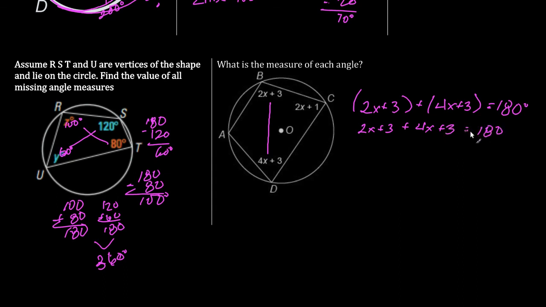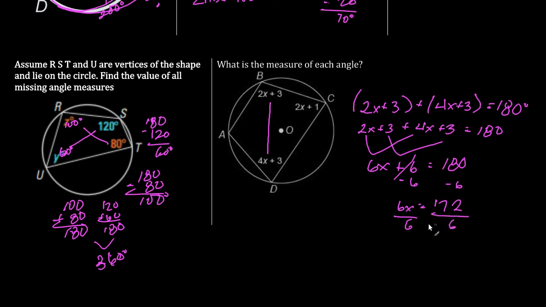So let's combine like terms. 2x plus 4x is 6x, plus 3 plus 6. So we get equals 180. Now let's take away our 6. 172. Last step here is divide by 6. We're going to get a repeating decimal, so 28.6 repeating.